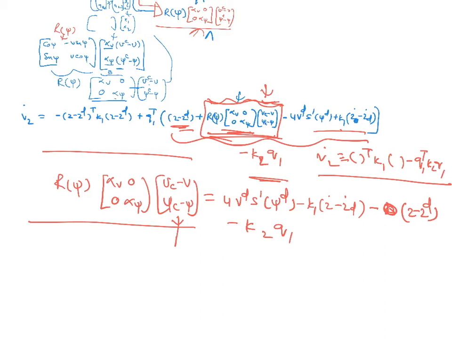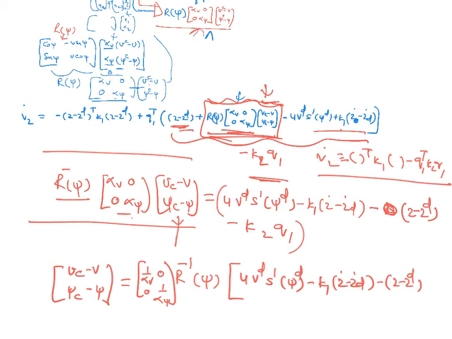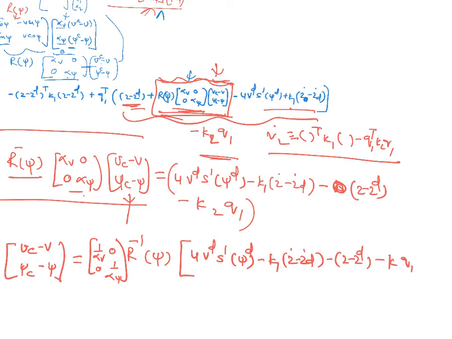What will that be? v commanded minus v, and psi commanded minus psi, I'm assuming I know this for now, equals R inverse psi, then the inverse of this, which is 1 over alpha v 0, 0 1 over alpha psi, multiplied by this whole thing: u v desired s prime psi desired minus k1 z dot minus zd dot minus z minus zd minus k2 q1.